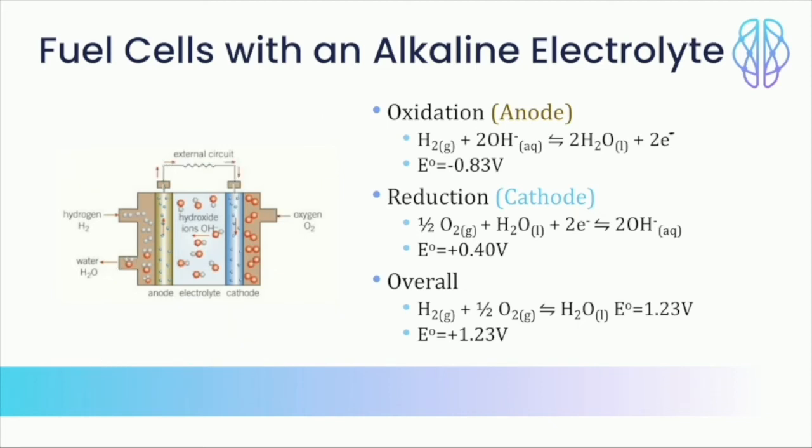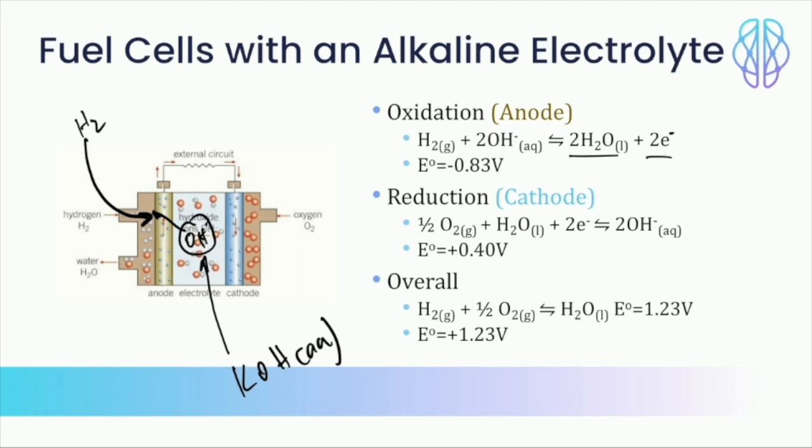So essentially what happens is we have hydrogen coming in through this inlet here. At the anode, we have an oxidation reaction happening where hydrogen reacts with the hydroxide ions present in the potassium hydroxide electrolyte. So the hydroxide ions react with this hydrogen, and it undergoes an oxidation reaction where we have 2 molecules of water and 2 electrons produced.